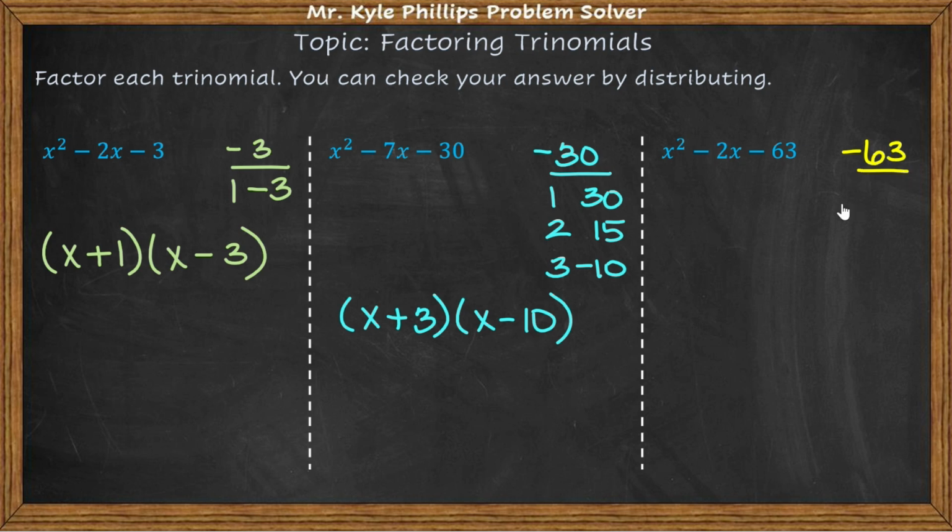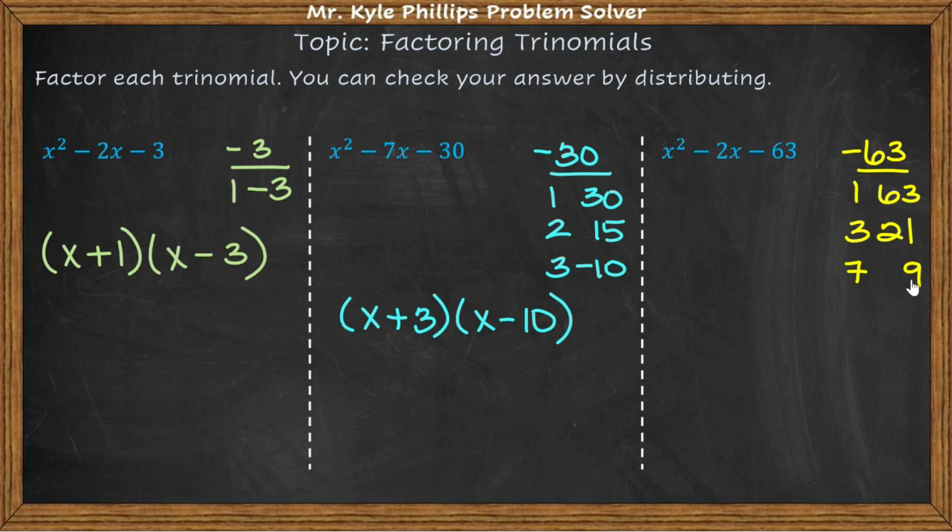So here I got 63. 1 and 63. Is that going to work to give me a 2? Probably not. All right, what about 3 and 21? Could I combine those two numbers and get negative 2? Probably not. So the next one's going to be 7. 7 and 9. Could I combine these in any way and get the number 2?